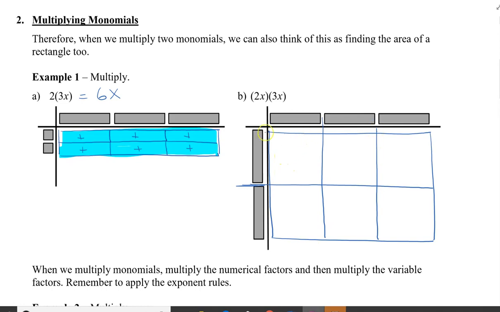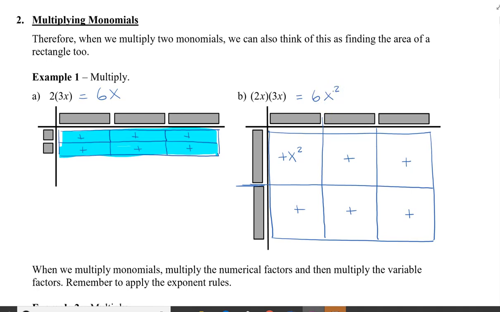Each one of these is a square, and this square tile is an x squared tile, and these are all positive. So we have 6 of these x squared tiles. So 2x times 3x is equal to 6 x squared tiles.